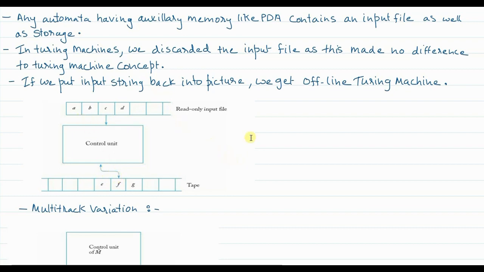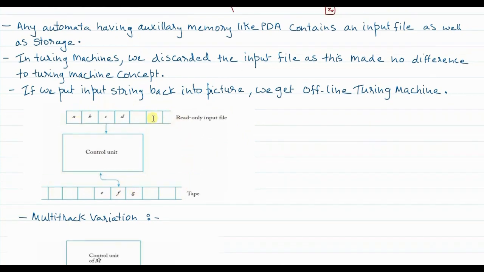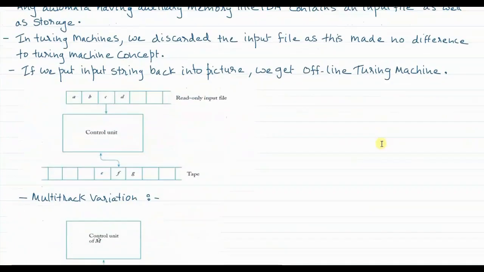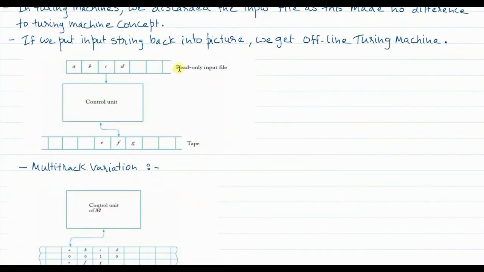Now if we keep the input not on the tape but separately, like what you used to do in the PDA, with the input file kept separately, and if you keep a read-only input file separately, then how will it function? There will be a control unit that is required. Its aim will be to read one element of the input string at a time. It only reads. It cannot modify this input file because it is read only.